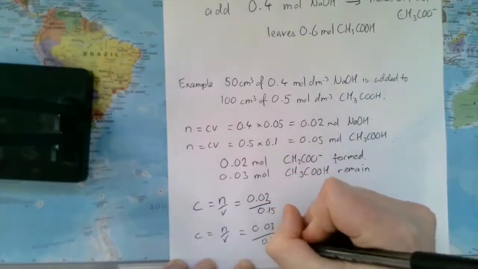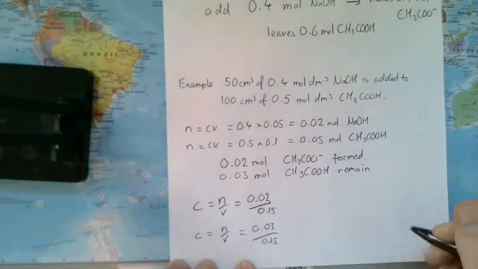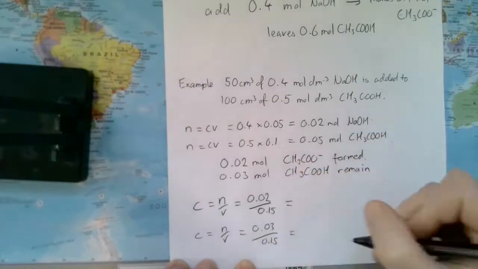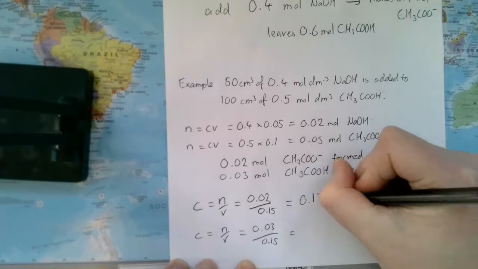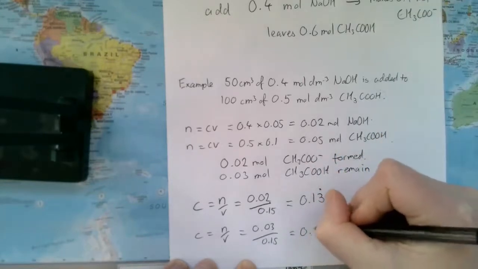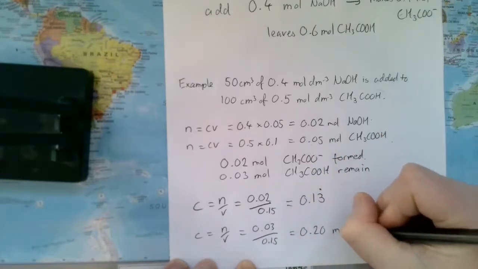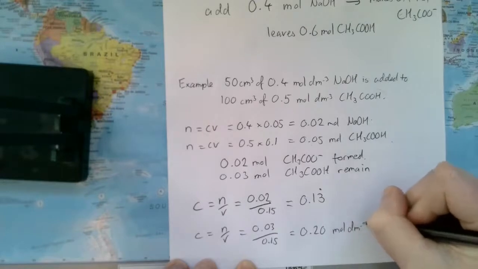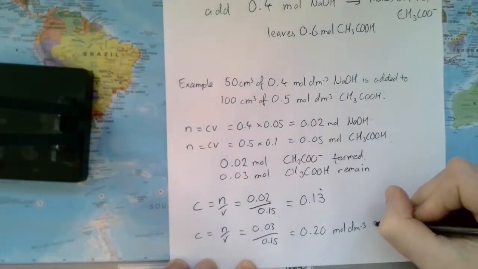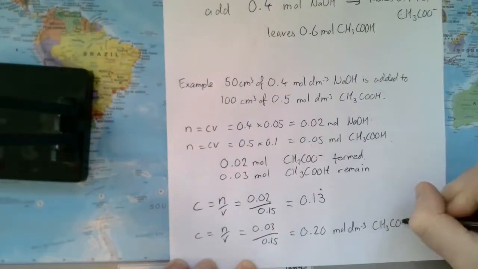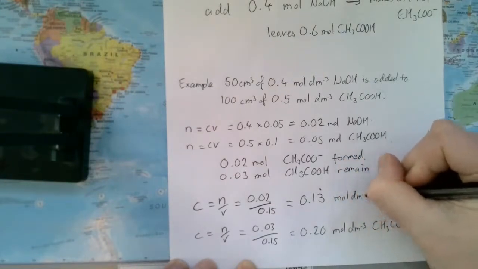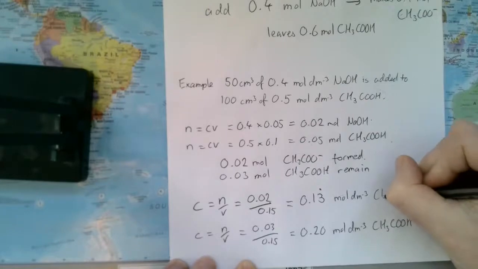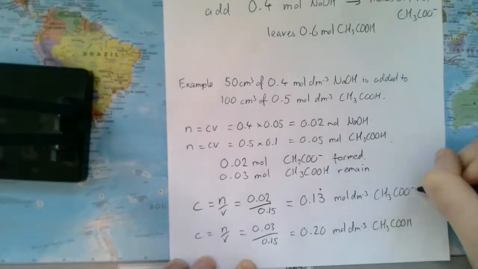Remember to convert to decimeters cubed, so we're going to divide each of these by 0.15, and what we've got is these two concentrations: 0.20 moles per decimeter cubed of ethanoic acid, 0.13 recurring moles per decimeter cubed of ethanoate.